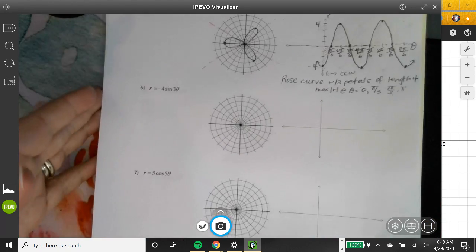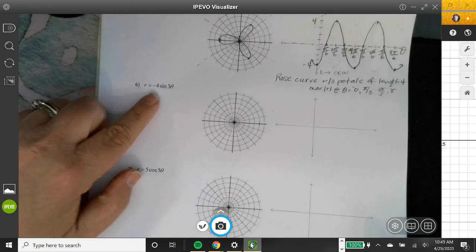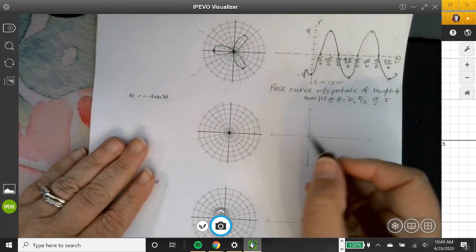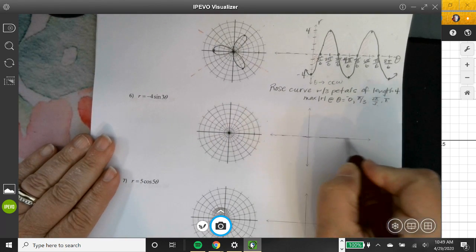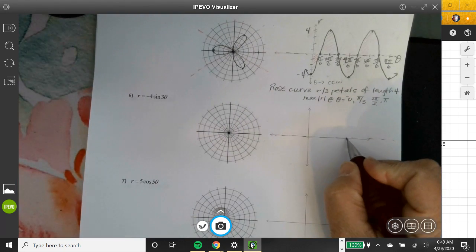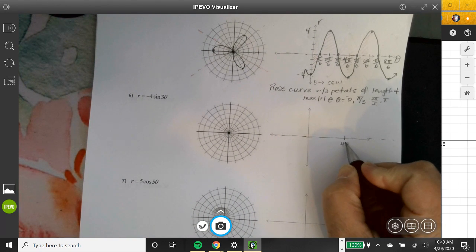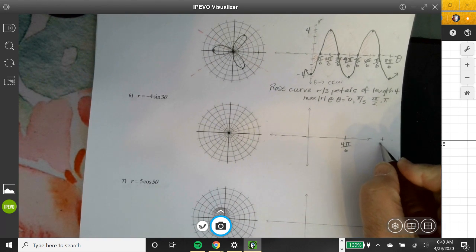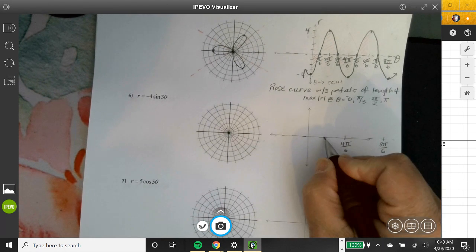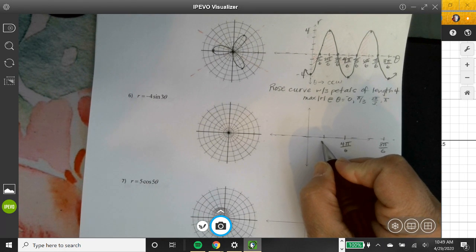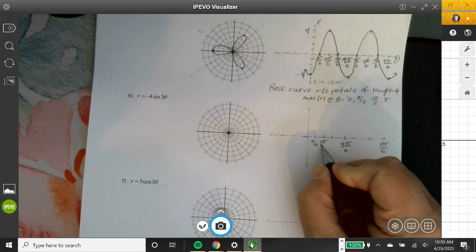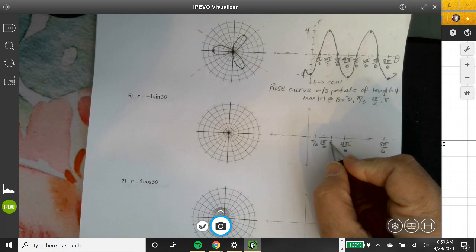All right, so goodness gracious, our sine curve starts off the pole, doesn't it? But it's negative, and I promise to go down this time. Maybe. The period is the same, so we're going to have all the same values for our line here.